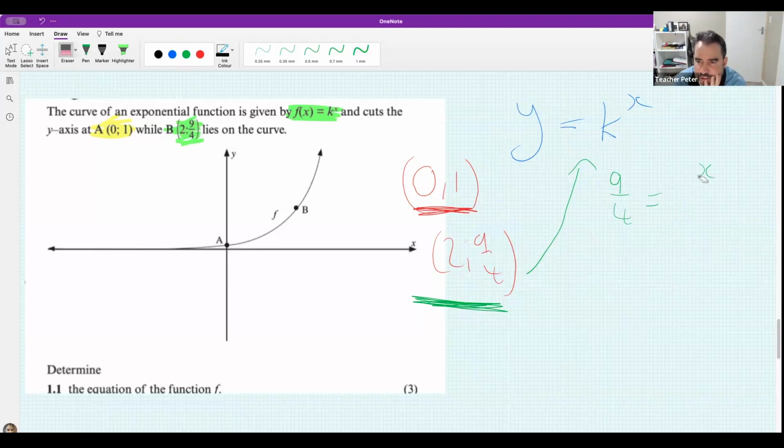Oh, I've done it wrong. Oopsie daisy. So if I sub that in, now I need to figure out what k is.